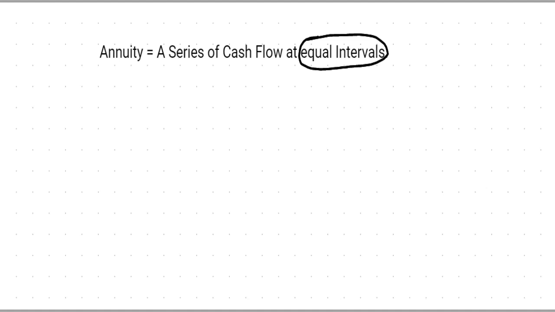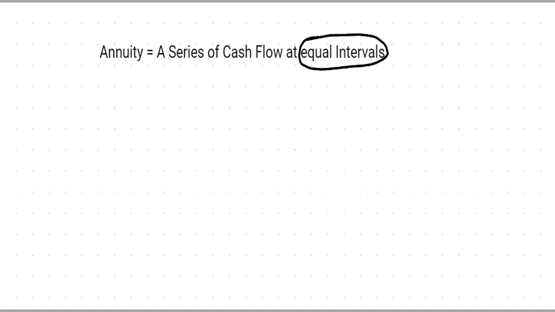In our previous video, we learned how to calculate the present value of a single cash flow. Today we are going to discuss how to calculate the present value of a series of cash flows, which are to be received at equal intervals in the future.